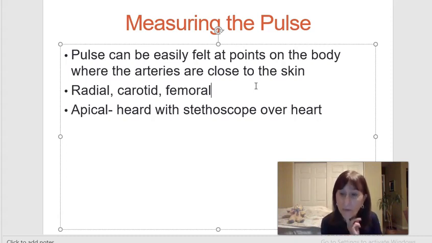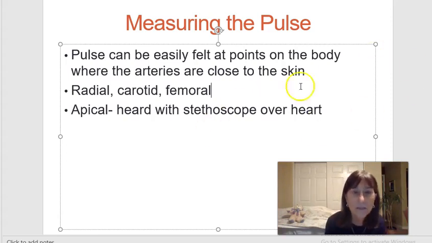Then the carotid pulse is where we feel when we're going to see if someone needs CPR. It's in the neck, right on the side. Go to the Adam's apple, go a little bit over, and you should be able to feel it. Okay, so those two.